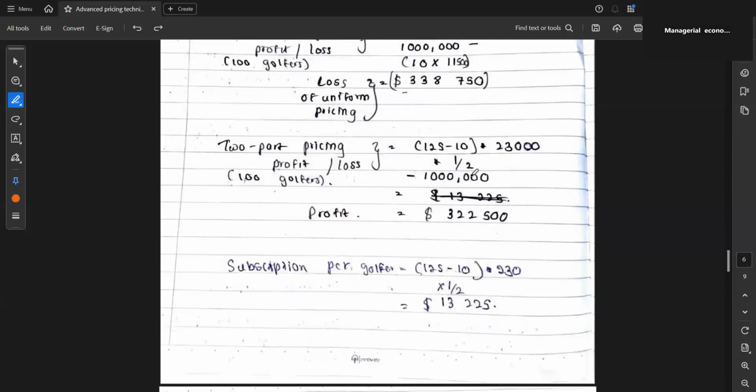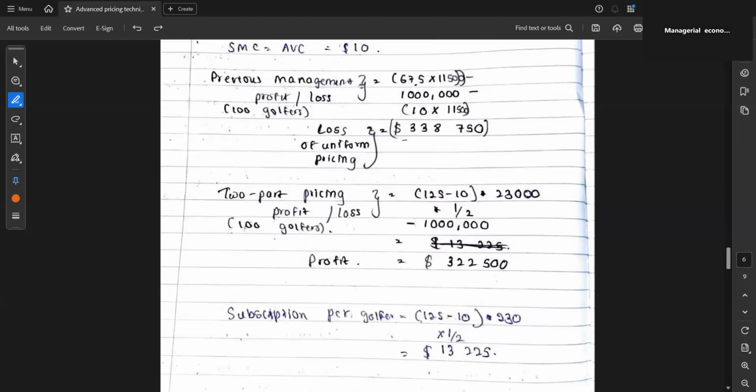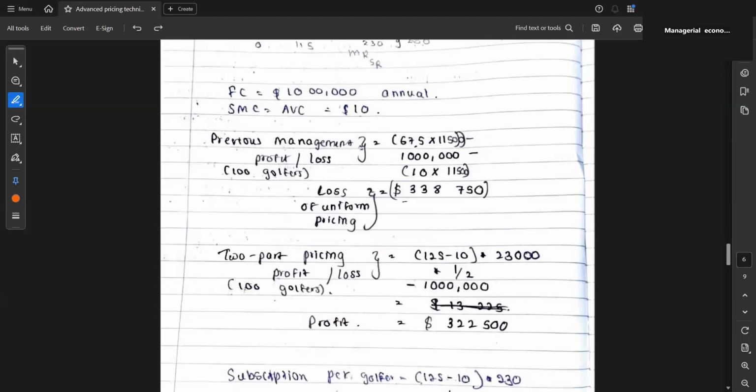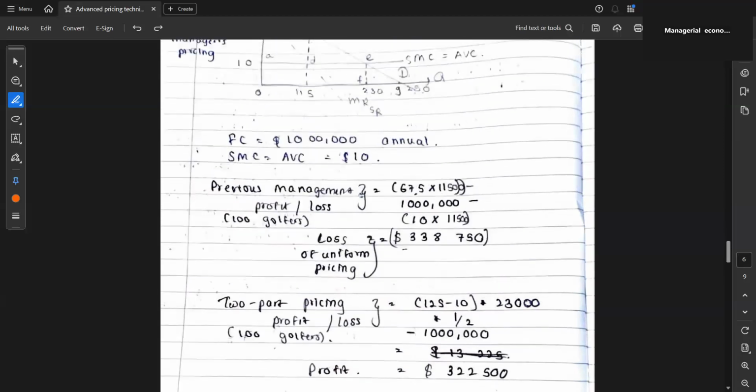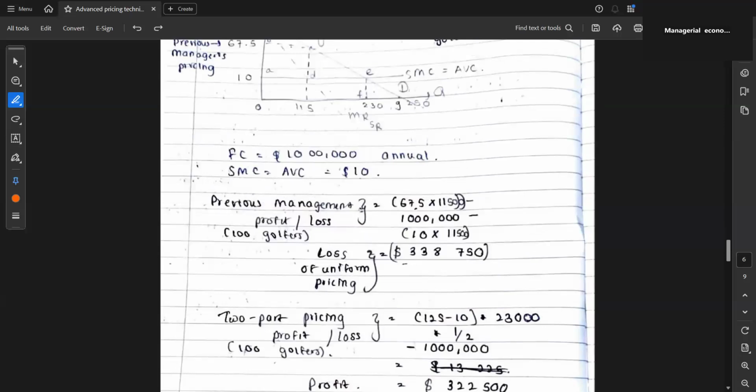So here as well, we are taking it in the same manner. And if we do that, we are left with a profit of $322,500. So as you can see, the two-part pricing strategy provided the firm with more profit compared to the uniform pricing strategy.